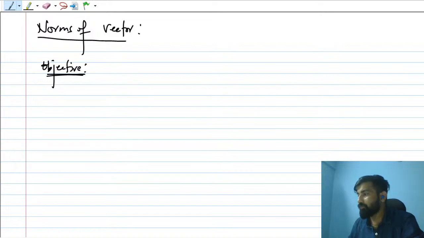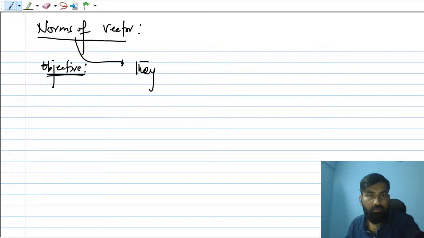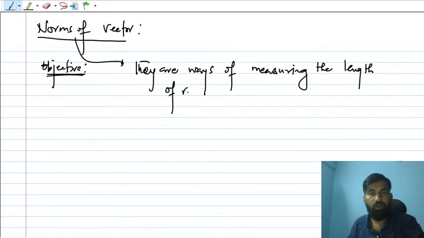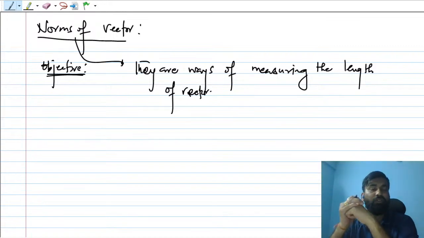Norms are a way of measuring the length of a vector. This word is very important: length. If you want to measure the length of a vector, you have to talk about the concept of norms.